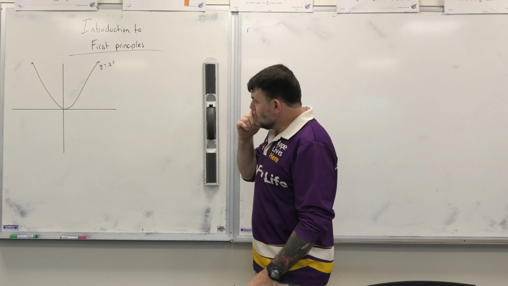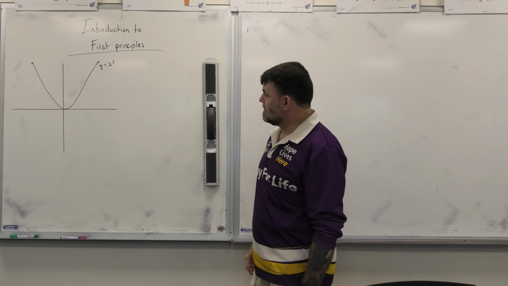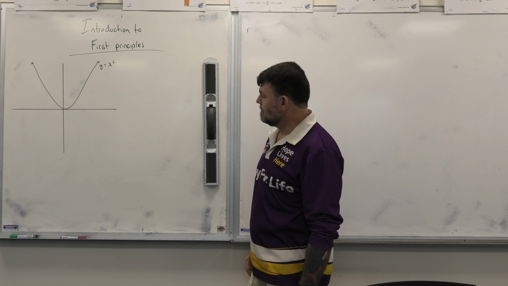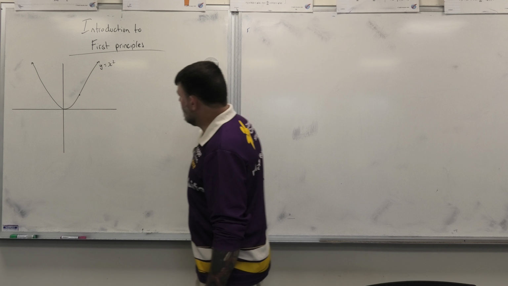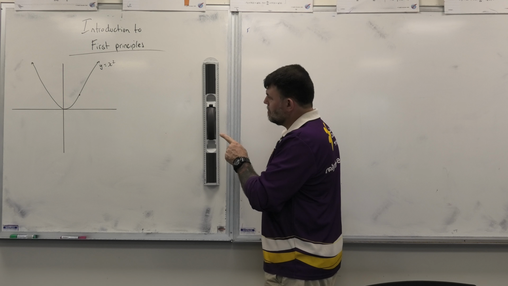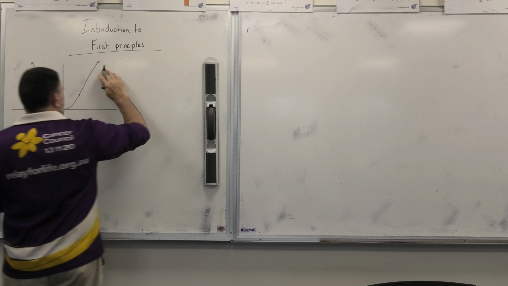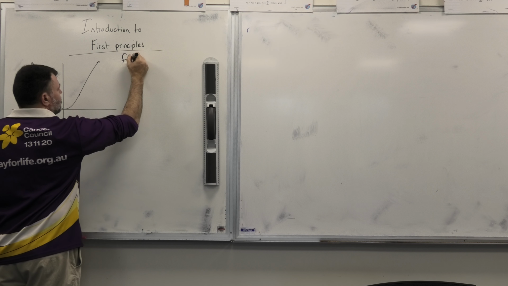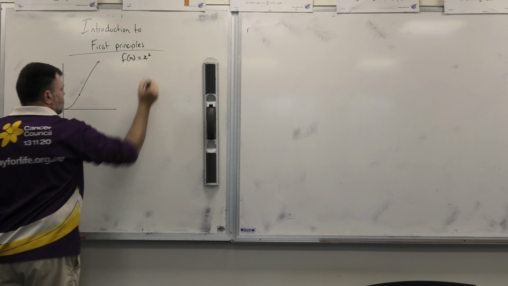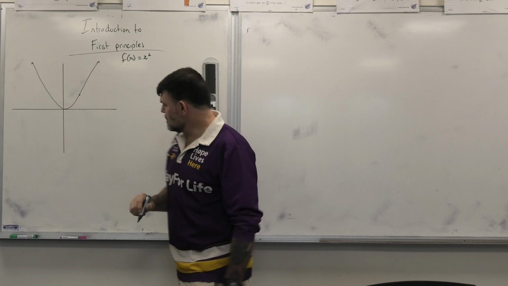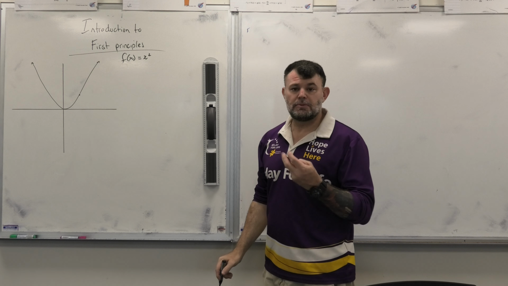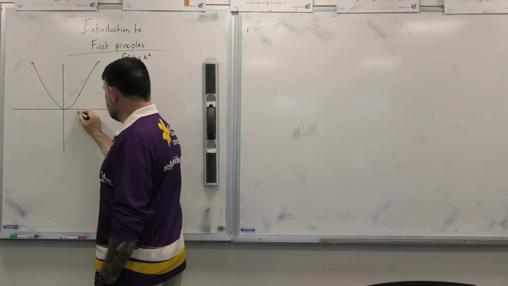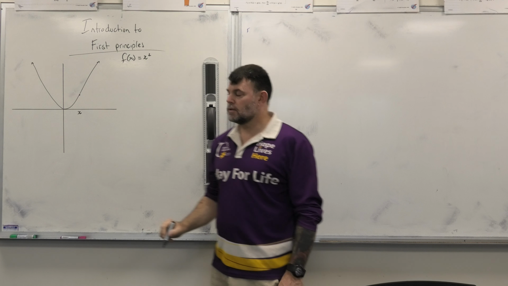So if we have a look at this graph on the board here, let's just take a spot on here. And what I'm also going to be calling this here, instead of calling it y equals, I'm going to call it the function is equal to x squared. So if I take this spot on this curve at this particular point, we might call this here x.